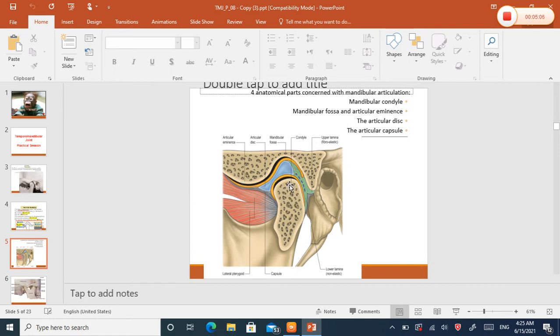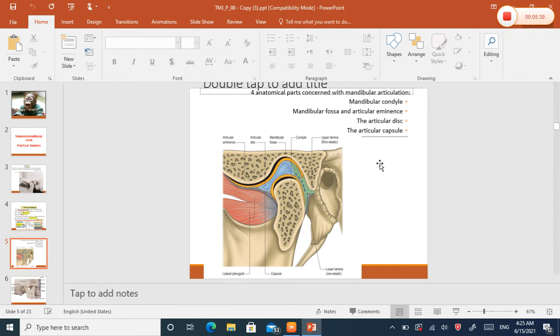This is the articular disc, this is the temporal bone, this is the mandibular fossa, and this is the condyle of the mandible. So the articular disc divides the cavity into upper and lower cavities, or upper synovial part and lower synovial part.